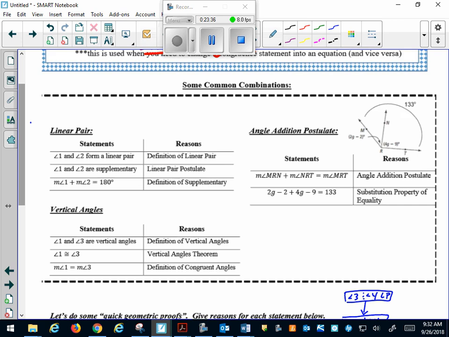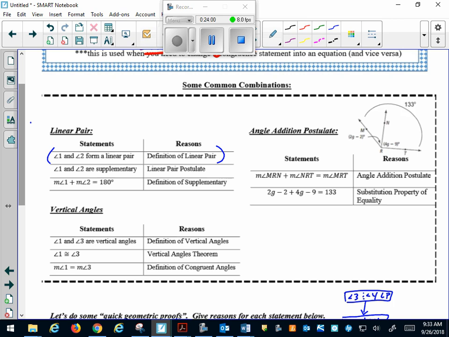When you're dealing with linear pairs, often you have a statement that just says they're a linear pair. This is an optional statement. You don't have to state that it is a linear pair, but sometimes you'll see that they do. It's a good step to put in, but it's not absolutely necessary.